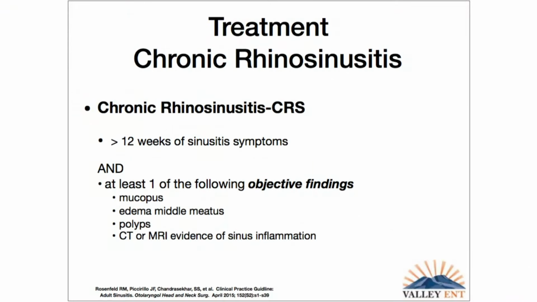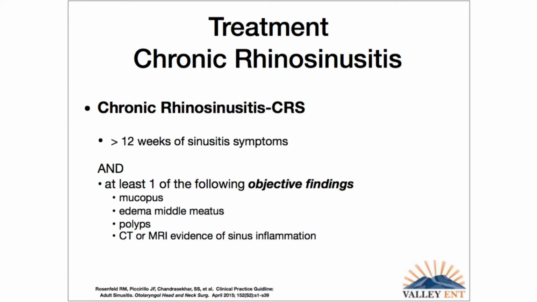Chronic sinusitis. So these are folks with greater than 12 weeks of symptoms. Again, we discussed you can't make the clinical diagnosis based on symptoms alone. You need some type of objective finding, like imaging or, on exam, seeing mucopurulent drainage.